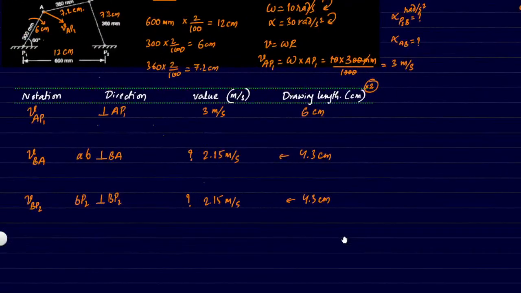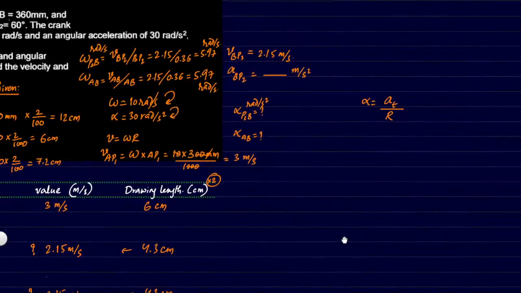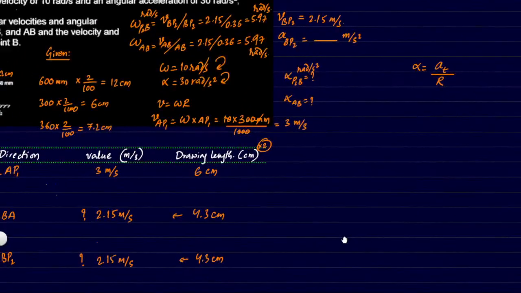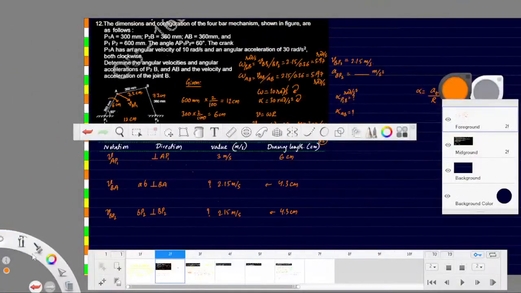All right. The way we have drawn the velocity diagram, the same way we'll have to draw this. So first, let's take a duplicate of this.